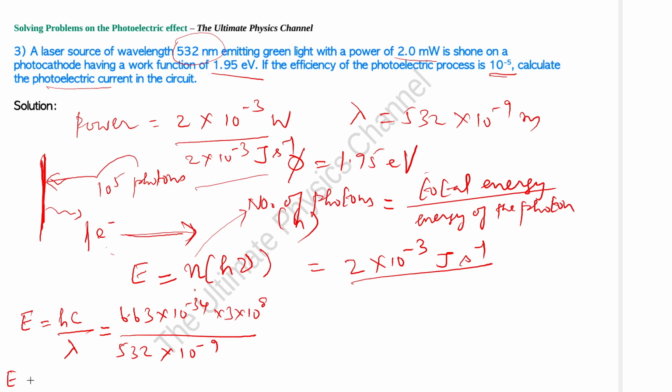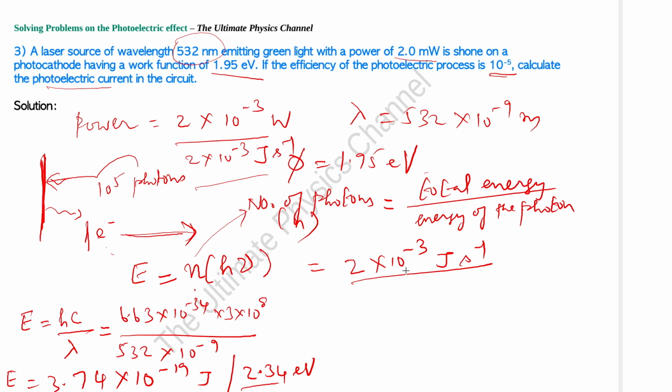The energy of each photon works out to 3.74 times 10 power minus 19 joule, or in electron volt units, if you divide this by 1.6 times 10 power minus 19, you will get 2.34 eV.